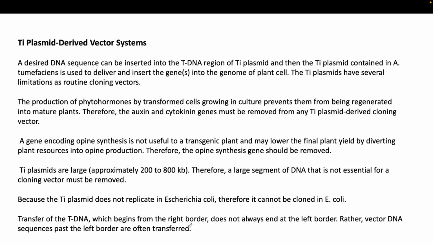So if it starts with the right border, it does not necessarily end with the left border; the process can happen before that. So we can also remove this when we use the Ti plasmid as a vector system.